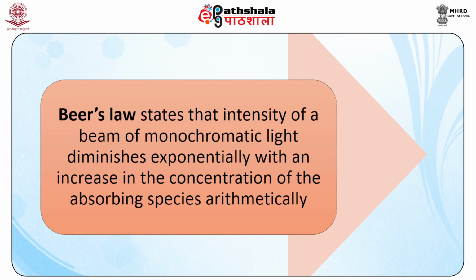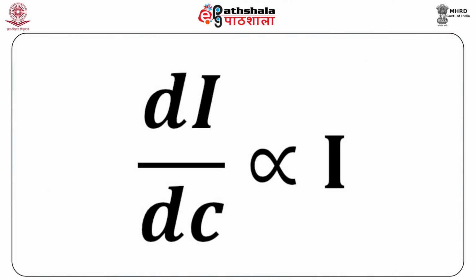Beer's law states that the intensity of a beam of monochromatic light diminishes exponentially with an increase in the concentration of the absorbing species arithmetically. Therefore, dI by dC is directly proportional to the value of incident light, where C is the concentration.